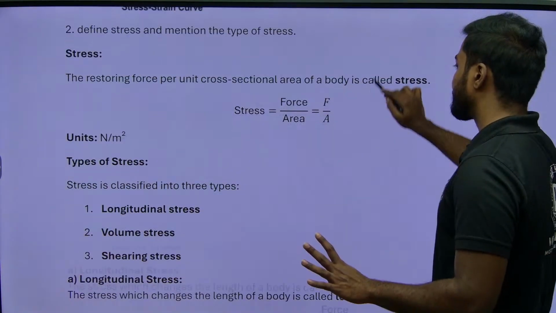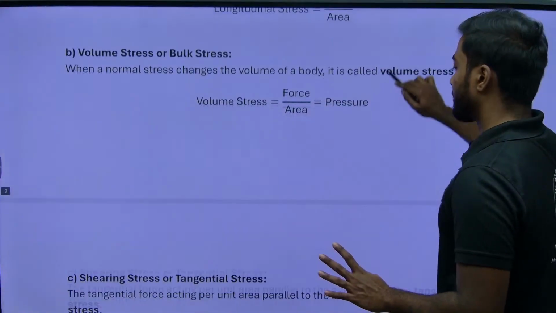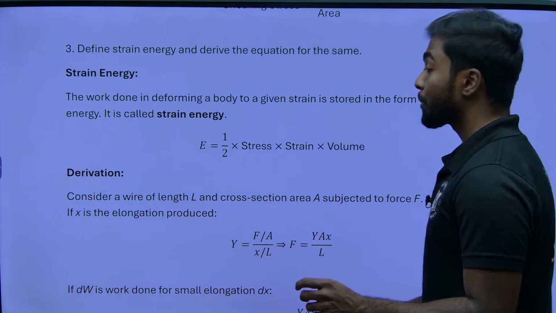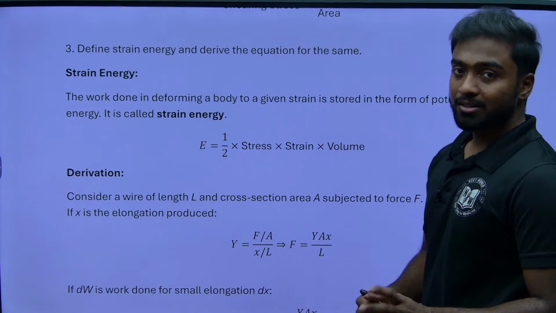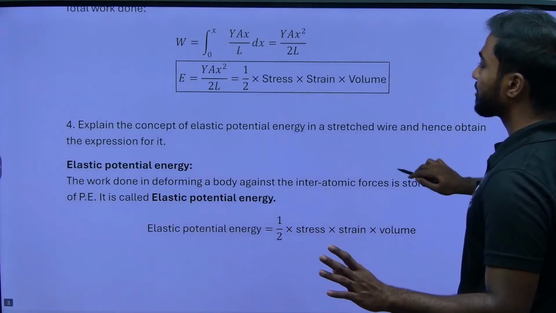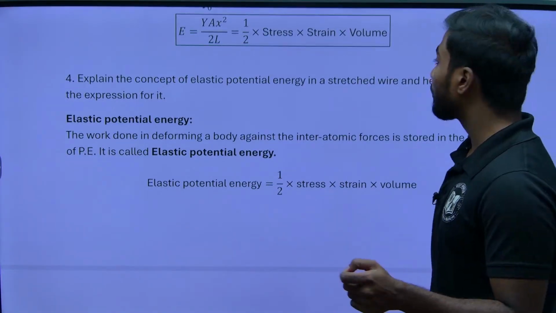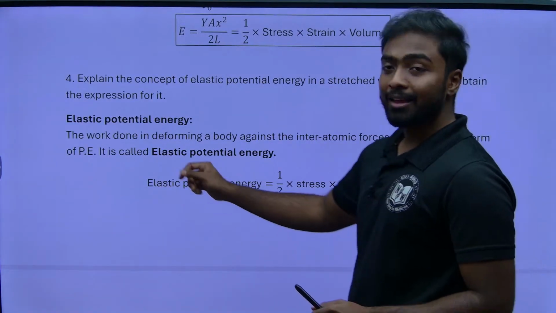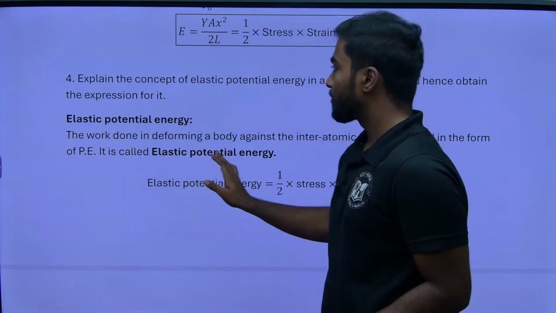The third question is: define strain energy and derive the equation for the strain energy. And the fourth question is: explain the concept of elastic potential energy in a stressed wire and hence obtain the expression for it.